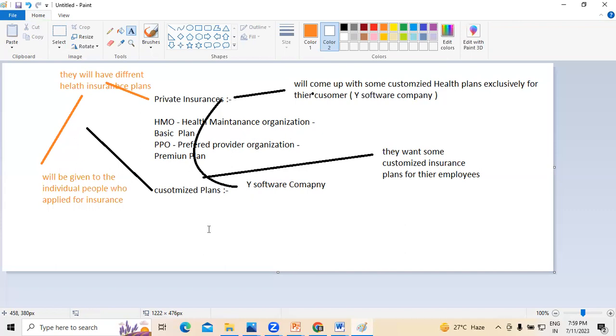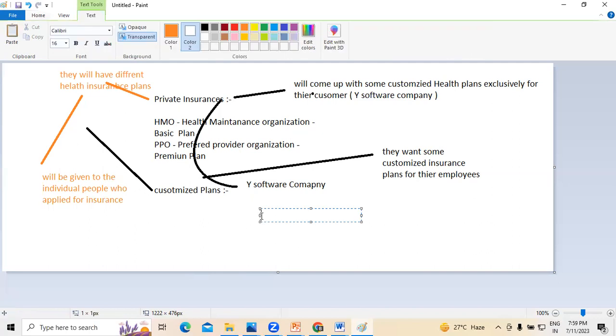Sometimes we may have an idea of the private insurance plans already existing in the market, if any. Again, that depends on the private insurance company, as it differs, right? Because insurance company A and insurance company B may have different insurance plans. Understood, right?